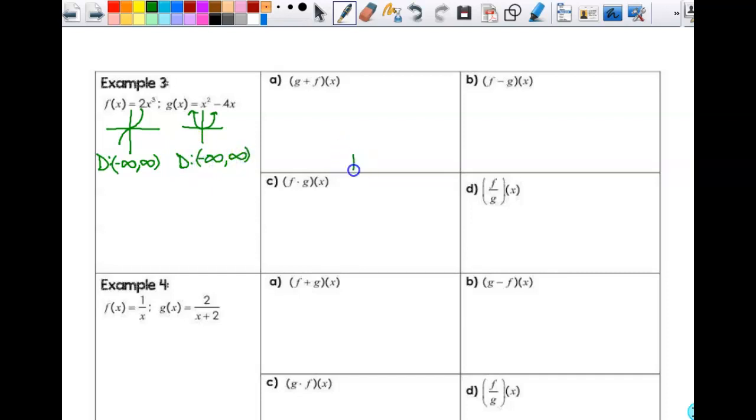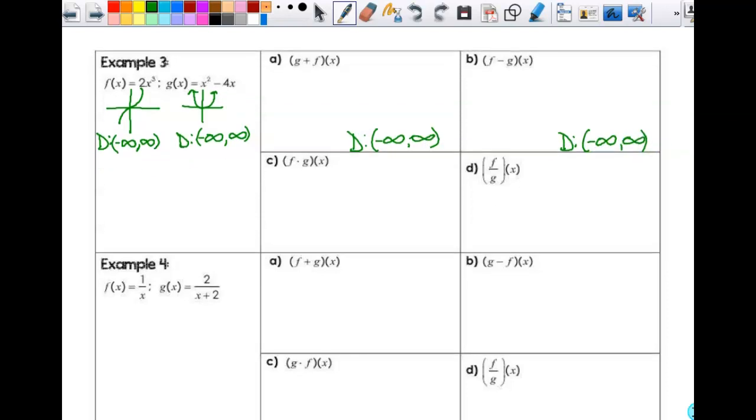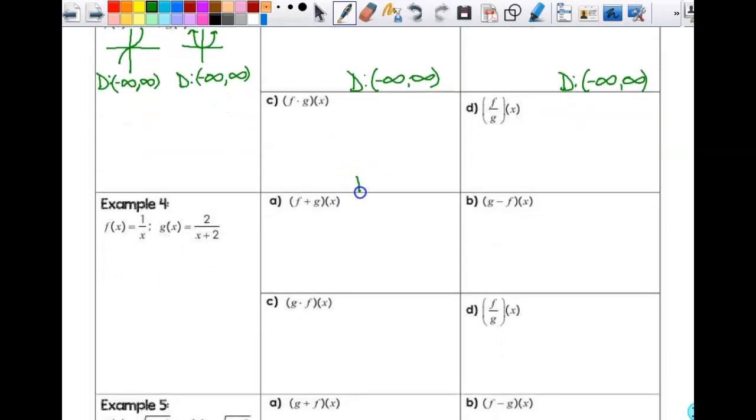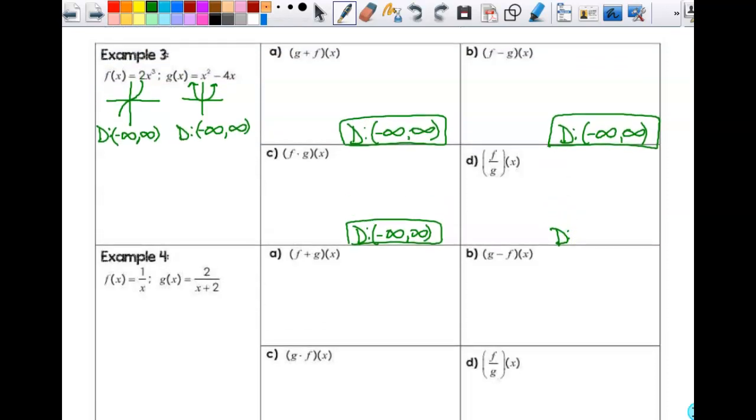So all of these domains are negative infinity to positive infinity, and we will revisit the quotient when we get there. But we're going to start with C. We don't need to do A and B again.